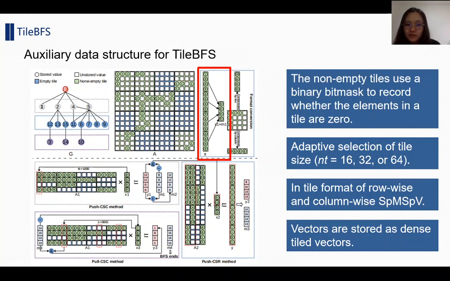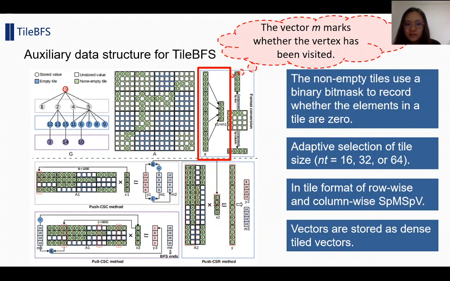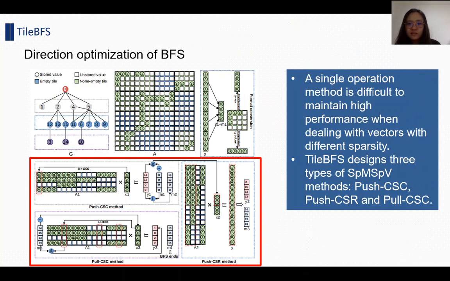BFS has two vectors. One is the input vector x, and the other is the mask vector m, marking whether the vertex has been visited. Since the density of the matrix and vector will greatly affect the calculation amount of multiplication, it is difficult for a single operation method to maintain high performance given the sparsity of the input vector and the number of vertex visits.